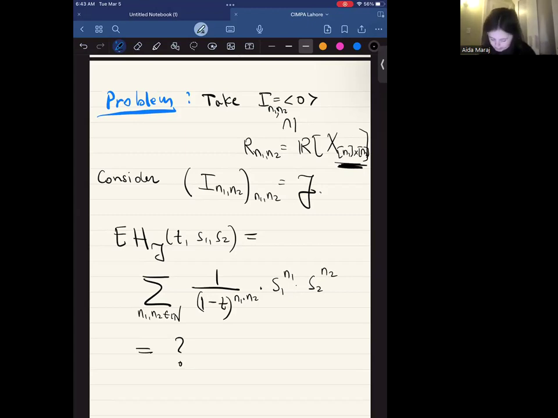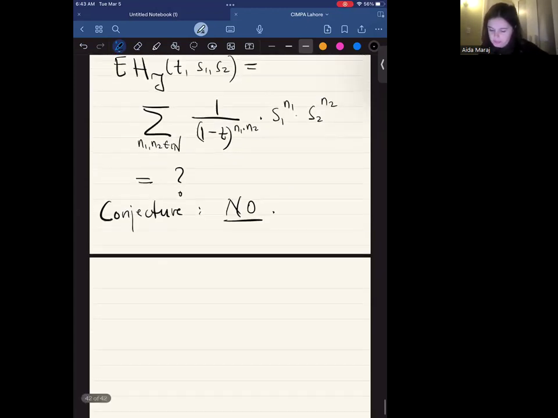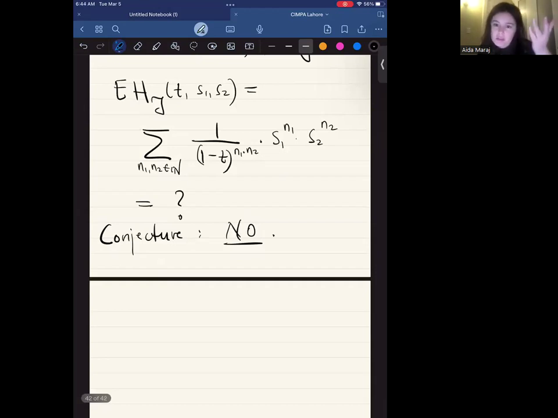My conjecture is no, and this is a counterexample. But yeah, there is nothing written. This also makes for a good combinatorics problem even on its own.